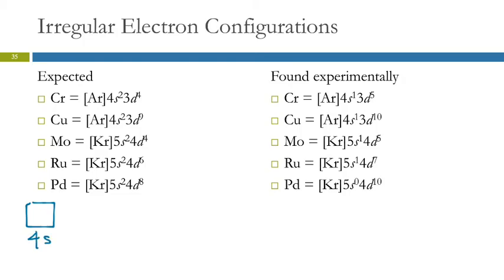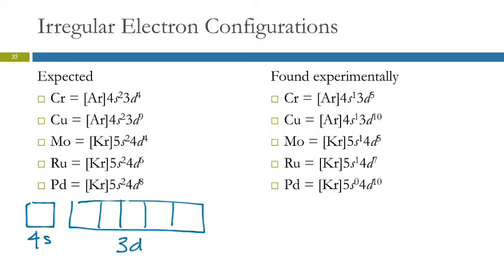So here's 4s, and this is 3d. What we expect is that it would go like this. There's 2 in there, and then there's 4 here. But what actually happens is that there's only 1 electron in the 4s sublevel, and there's 5 over here.